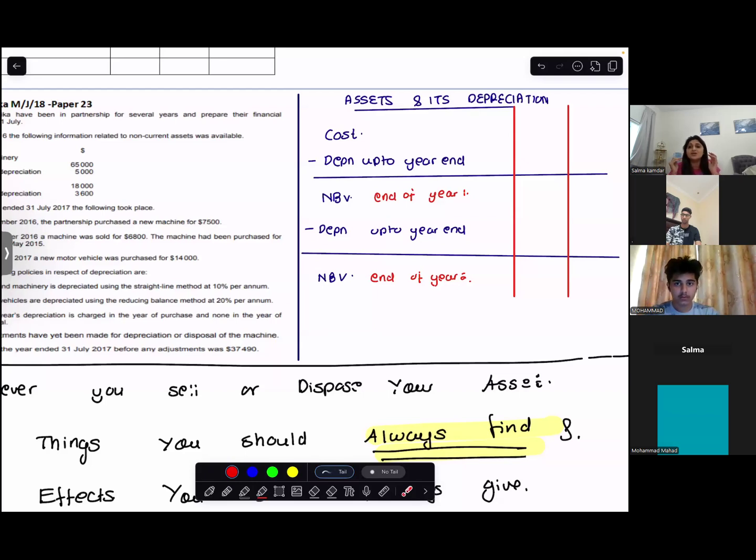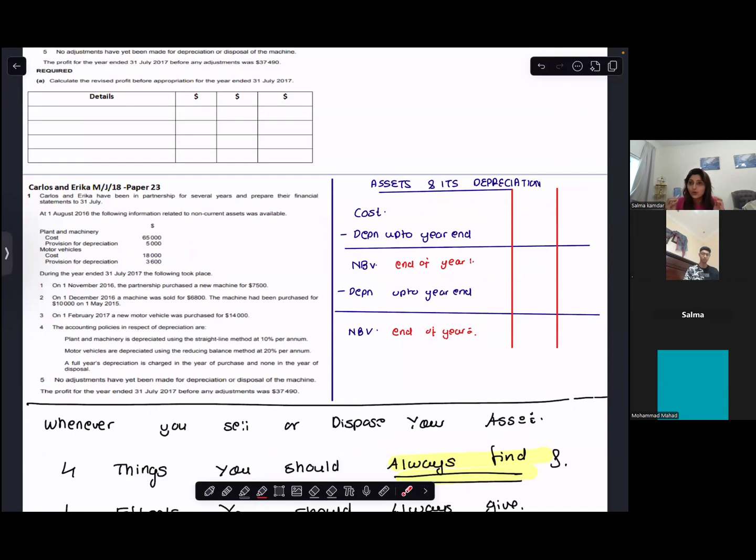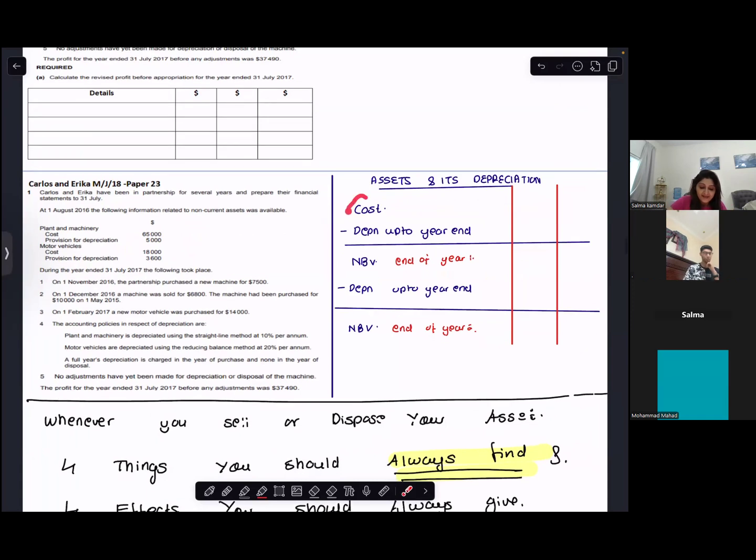If the depreciation is as per the straight line method, it is on cost; every year depreciation is charged on cost. Are you with me? So whenever you have to remove depreciation on cost or straight line method, you will calculate the depreciation on cost. When you have to remove depreciation as per reducing balance method, you will remove depreciation on the net book value.